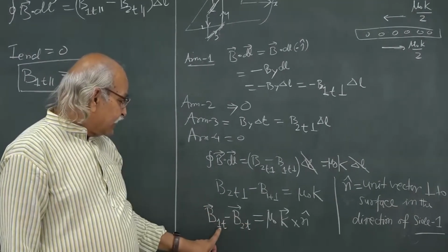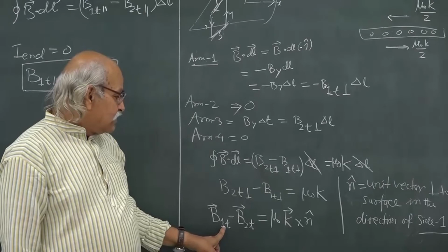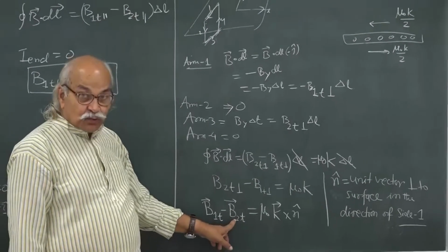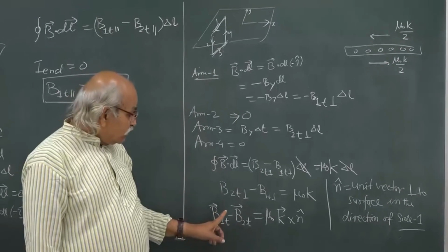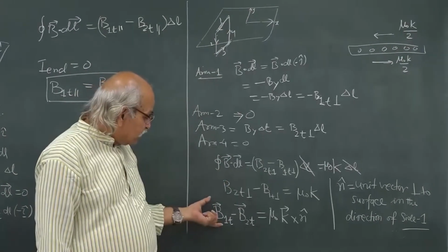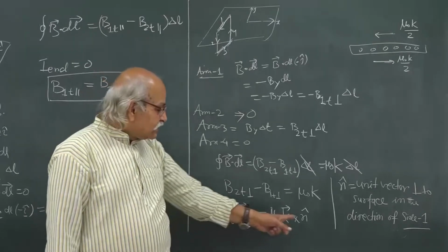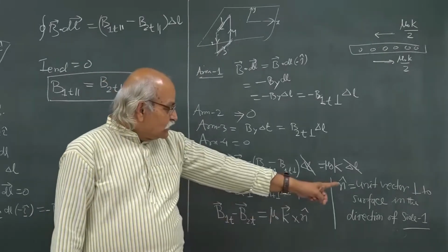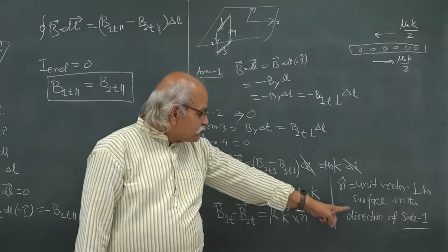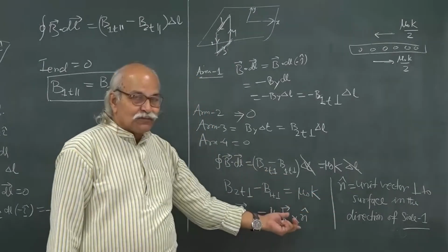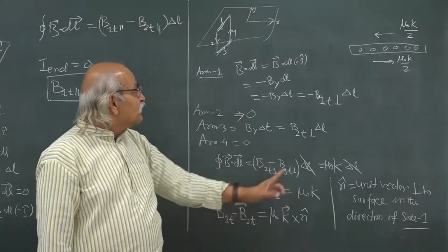The tangential component on that side goes here, and the tangential component on side 2 goes there. So whatever you decide is side 1 has to be written here, and side 2 goes there, and this n cap is the unit vector perpendicular to the surface in the direction of side 1, and then this will be true.